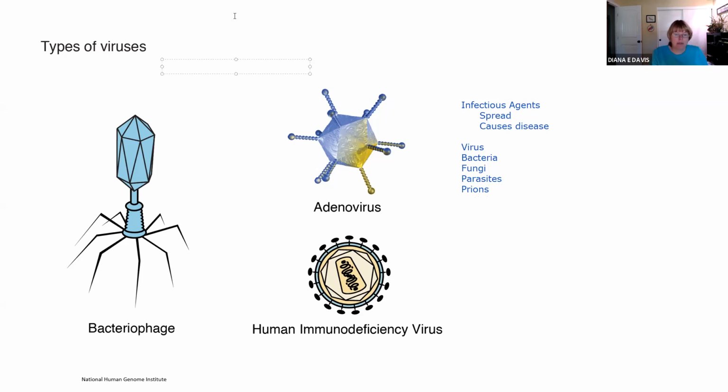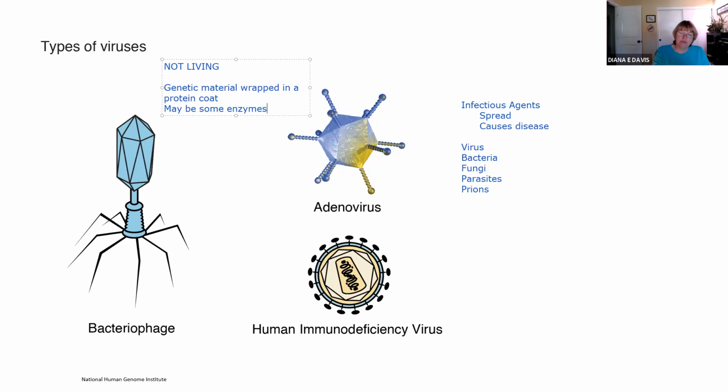So when we talk about viruses, a virus is not living. It is not alive. It is basically genetic material wrapped in a protein coat. Seriously, there may be some enzymes inside, but it's not doing anything.